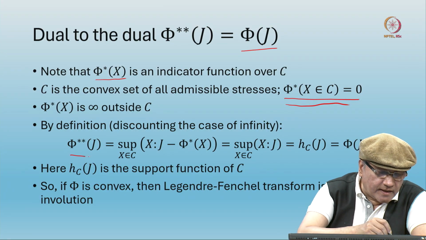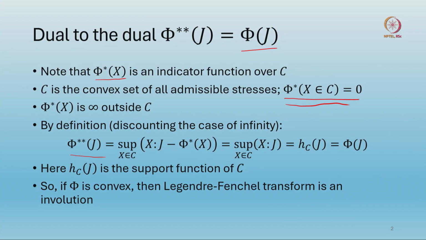So, phi star star of j, by definition of the Legendre-Fenchel transform, is the supremum over all x, that is the thermodynamic forces belonging to the admissible set C, of x j, with the appropriate inner product, it could be a dot product or a Frobenius inner product, minus phi star x. So, you need to take the supremum by searching over all possible x for which the supremum is achieved. But we already know that phi star x equals 0 for all admissible x.